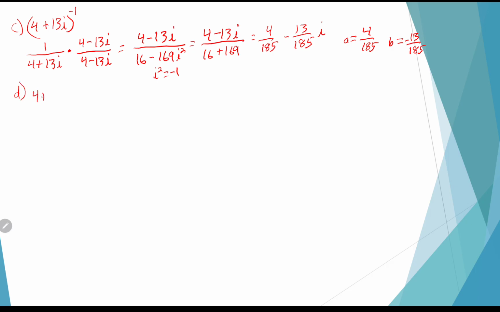D is 4 plus 13i to the negative 2. So you're basically going to do 1 over 4 plus 13i squared. And then you'll have another version with i that you'll have to do the conjugate. And then you have to answer E.